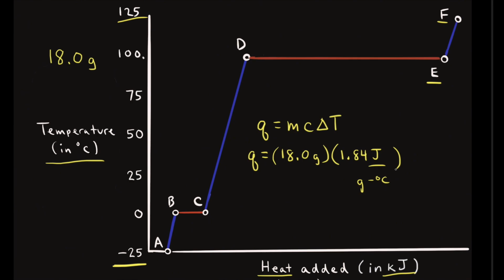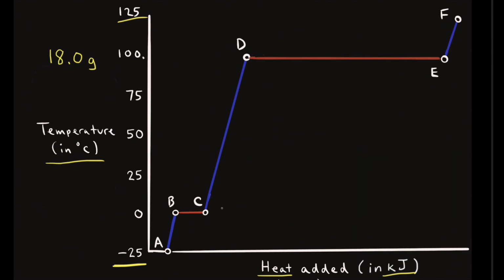The change in temperature would be 125 minus 100, or positive 25 degrees Celsius. So grams cancel, units cancel out, and we get Q is equal to 8.3 times 10 to the second joules, to two significant figures, which is equal to 0.83 kilojoules.